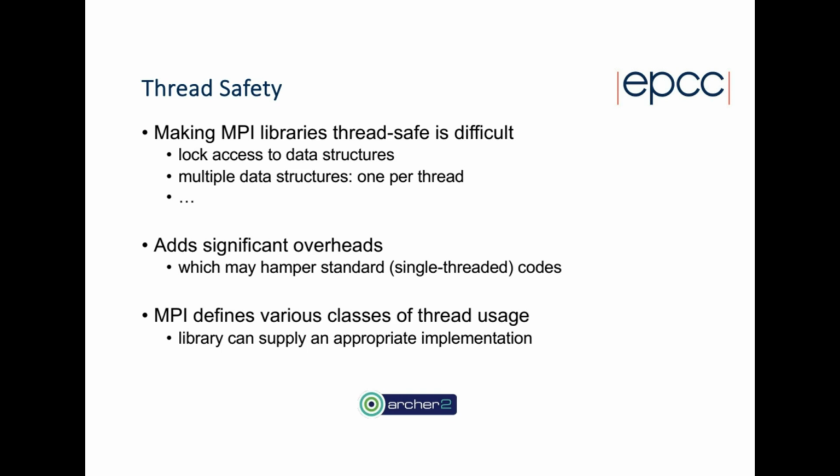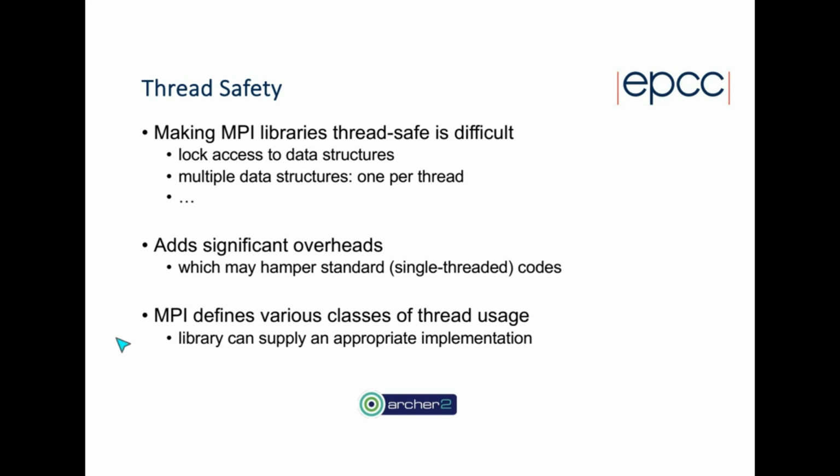The main MPI library code bases were developed originally before anybody thought about thread safety, and retrofitting thread safety into them efficiently is quite difficult. You can imagine you either have to lock access to internal data structures, or you have to replicate them, one per thread. This can add some significant overheads, which may affect normal single-threaded MPI codes.